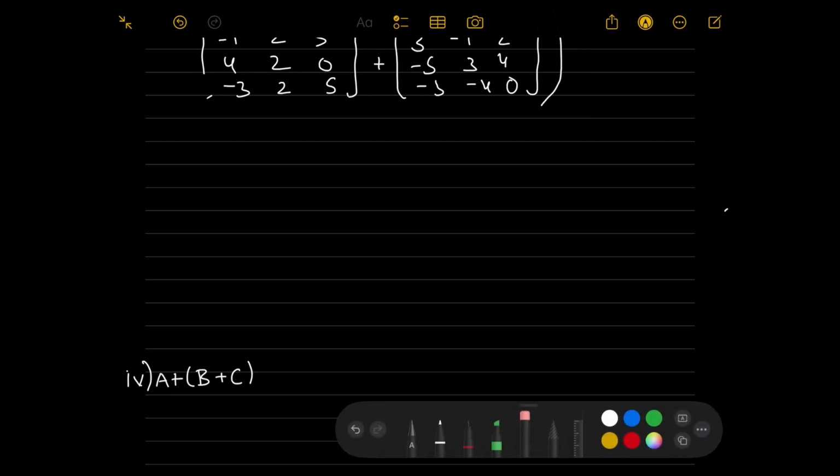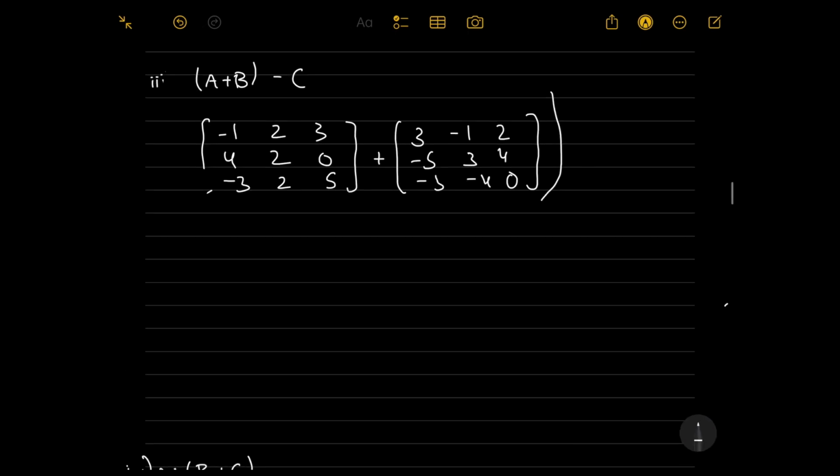So subtracting C, and C is 2, minus 3, 6, 0, 4, minus 1, 5, minus 5.